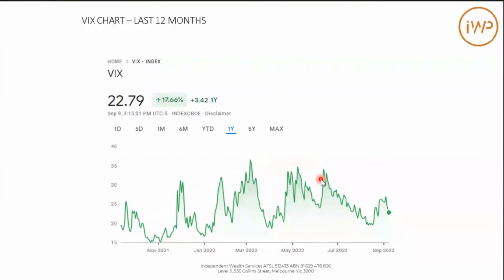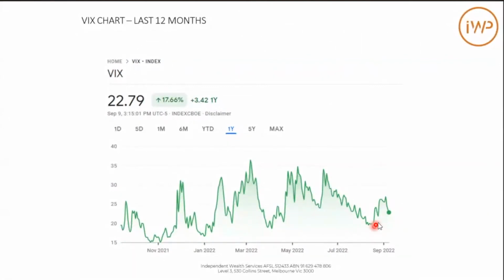All right. So look, that's a bit of a quick summary or overview of the economics of what we're facing into at the moment. We might now just walk through a little bit of the volatility in equity markets. So the chart we've got here is that of the VIX. The VIX measures volatility. This is actually the S&P 500 VIX.